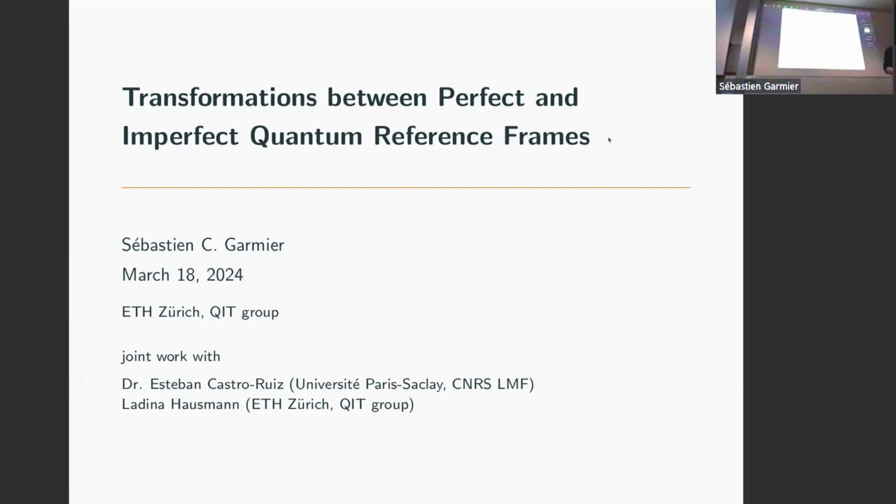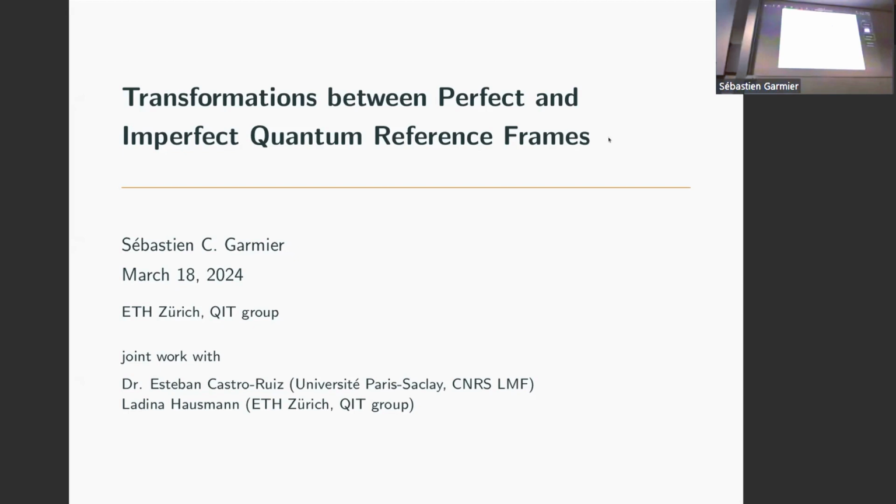Yes, so I will be talking to you about transformations between quantum reference frames. This is ongoing research that I do with Esteban Abadina, and I started working on this for my master thesis last year. Although before that, of course, there's been much other research in the field.